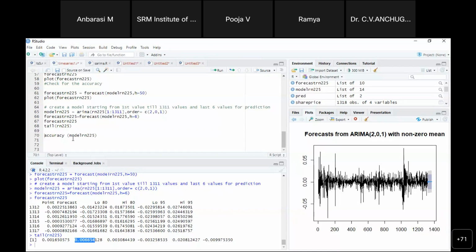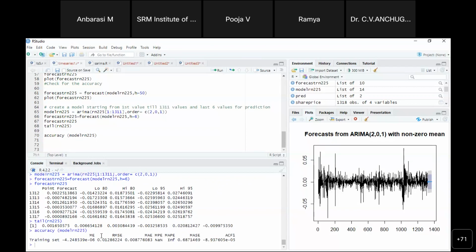Next, we have to calculate the accuracy. In this way we can calculate the accuracy. Usually we will go for the MAPE. This error you will always get as infinity, because the actual value is 0, and something divided by 0 gives infinity.